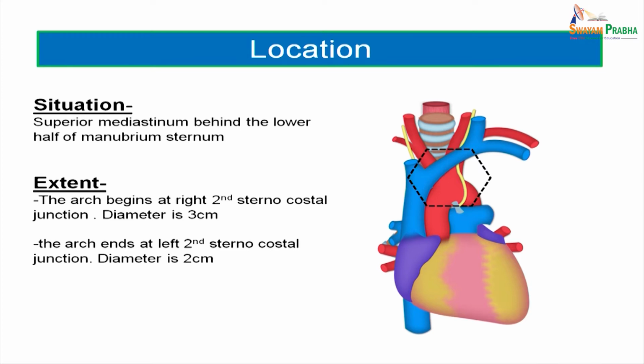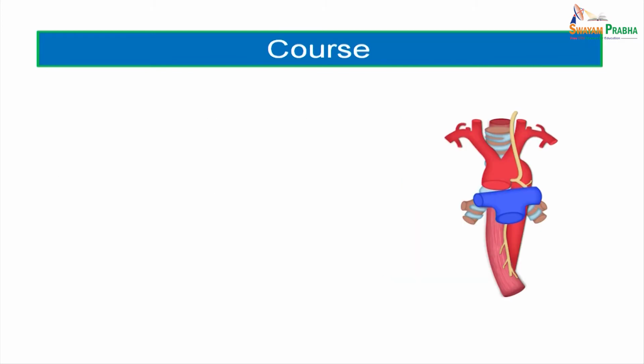So as the arch is proceeding backwards, it is narrowing down. The arch begins anteriorly and it ends posteriorly, but the beginning and the ending are almost at the same level.